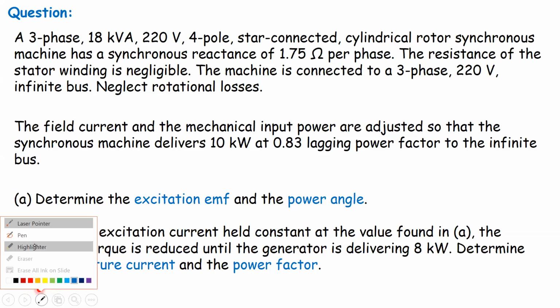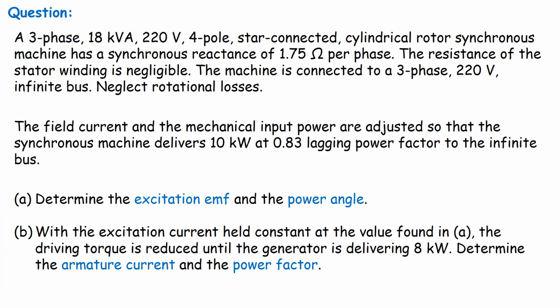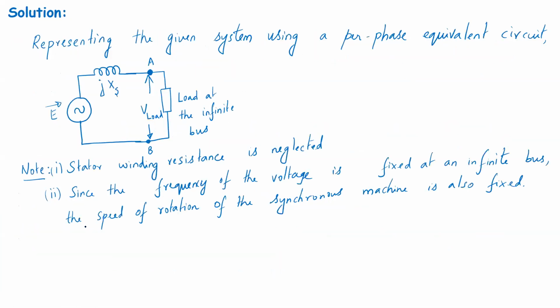So based on the operating condition specified in the problem, we can say that armature current will be flowing in this direction from the synchronous machine into the infinite bus, and the real power consumed by the load, indicated by the symbol P with the subscript load, which is the infinite bus, is 10 kilowatts.